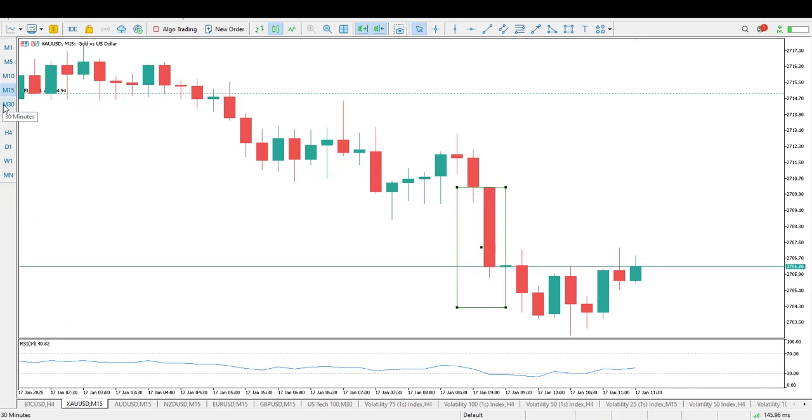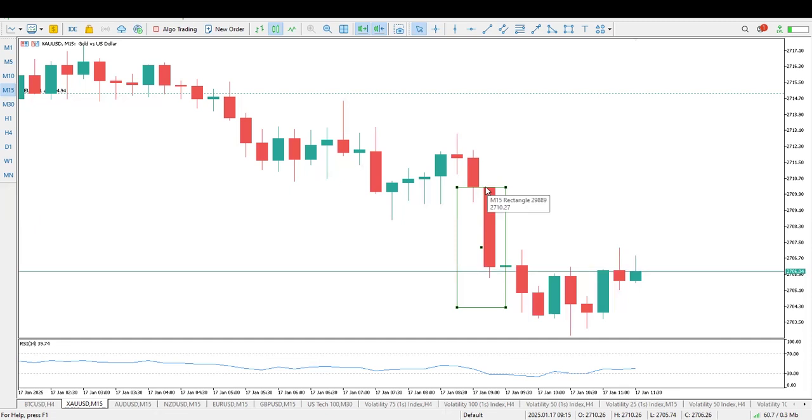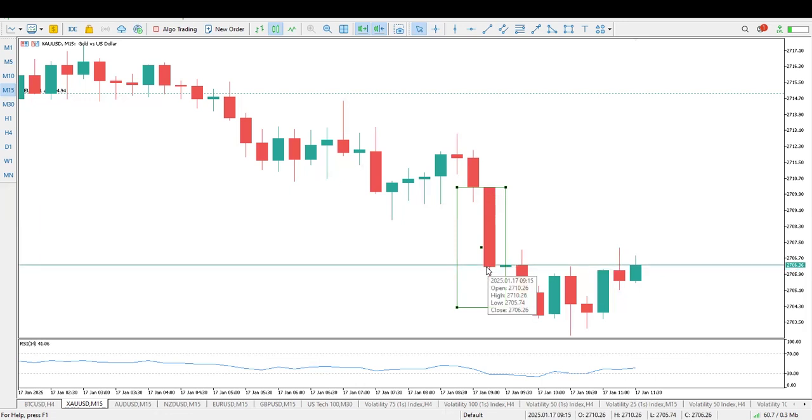Now, the next part is candlestick open and candlestick close. If you already know that a downtrend will be producing more red candles, it means the candle, for a red candle, usually opens at this point and closes at this point.